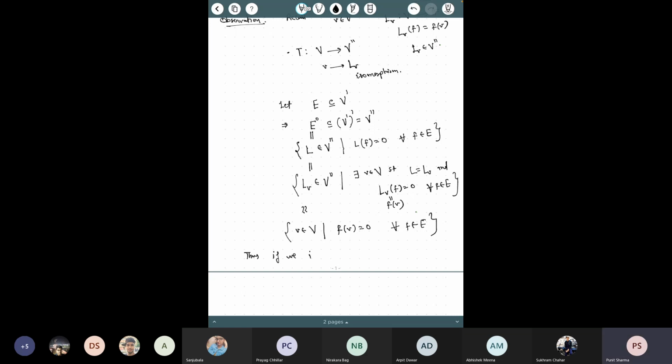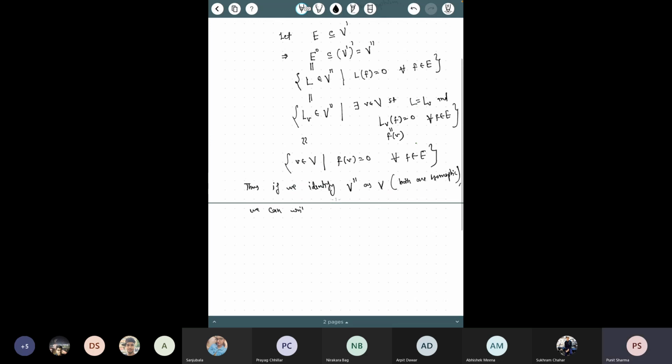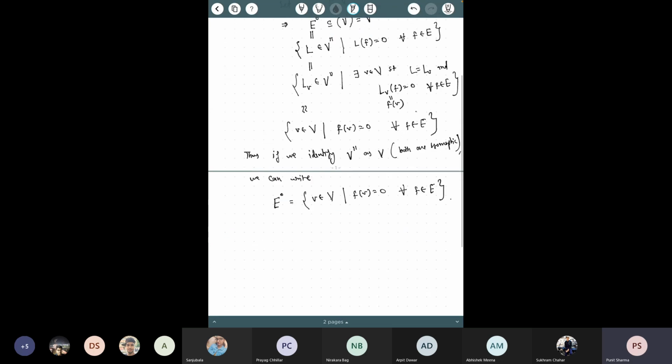If we identify V double dash with V, because both are isomorphic, then we can write the annihilator of E as the collection of all vectors v in V such that f of v equals 0 for all f in E. So if we have a subset of the dual space, then its annihilator is a subset of V. This observation leads us to the following definition.